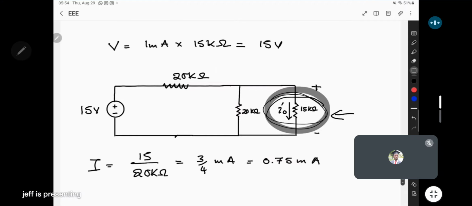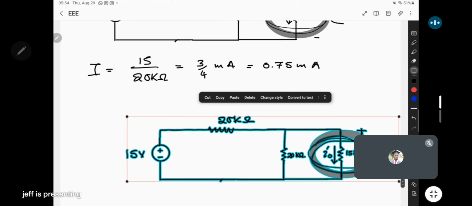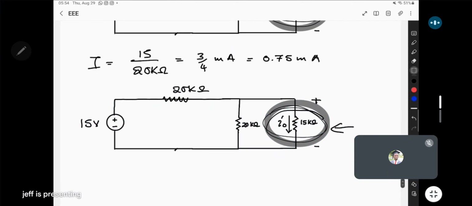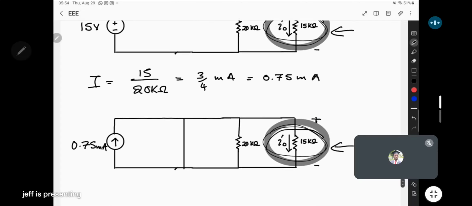Let's transform. At this point, I think we get how it is going. It's now just doing it for us to see how the final solution will be. So we're transforming. This goes back to the current source, and you'll see that the current source will now be 0.75 milliamps feeding upwards. And then the parallel resistor will be the same one, which is 20.